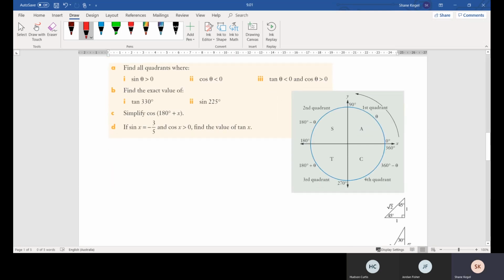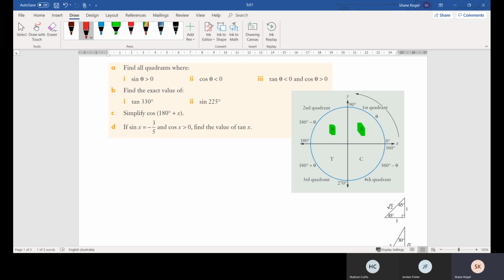Question A, find all quadrants where sine is greater than 0. So sine is greater than 0 in A, for all are positive. S stands for sine is positive, and in the other two, sine is not positive, seeing as only tan and cos are positive.